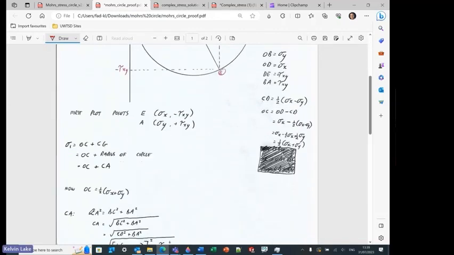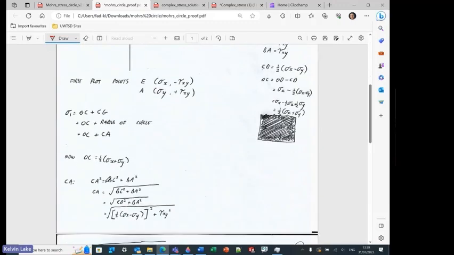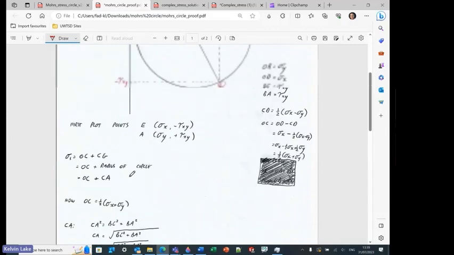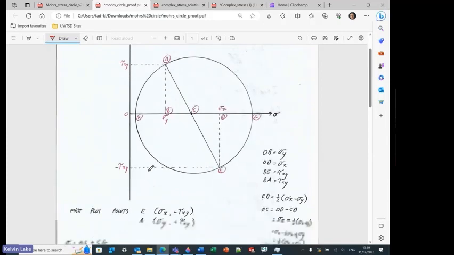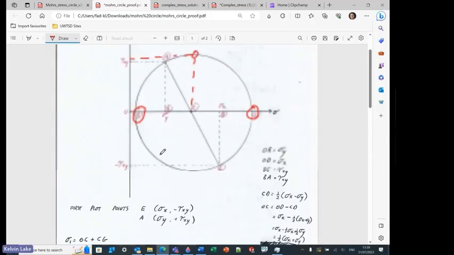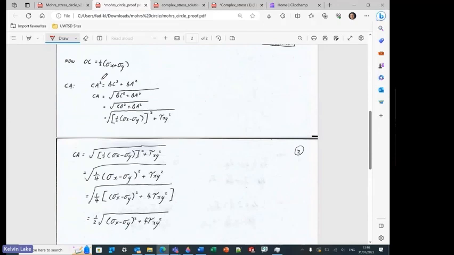Okay, so CA squared, that's the hypotenuse, i.e. the radius of the circle, CA squared equals BC squared, so this length here, plus BA squared. BA squared is going to be this distance here. Okay, so we've just used a bit of Pythagoras there to work out the length of the radius of the circle, i.e. the hypotenuse of this triangle. So CA squared equals BC squared plus BA squared. So CA is the square root of that lot.